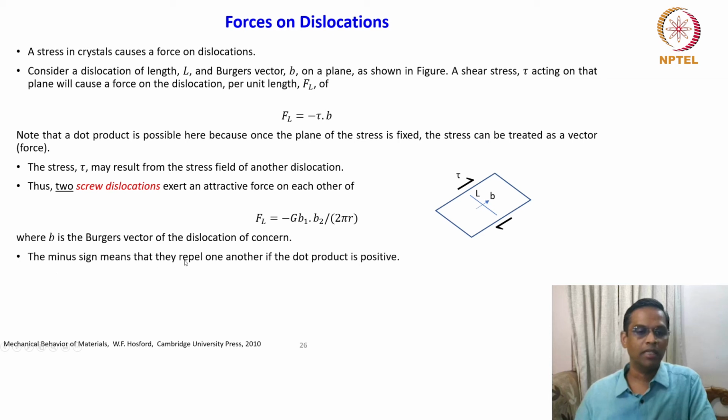The minus sign means that they repel one another if the dot product is positive. That could be a possibility. Each dislocation is represented as a positive or negative dislocation. If positive and negative come together, what happens? If two positives come together, what happens? There are possibilities, right? If they repel one another, the dot product becomes positive, and that is denoted by the negative sign.